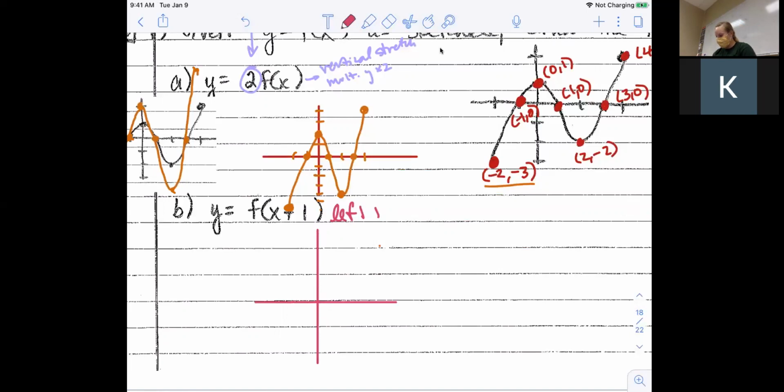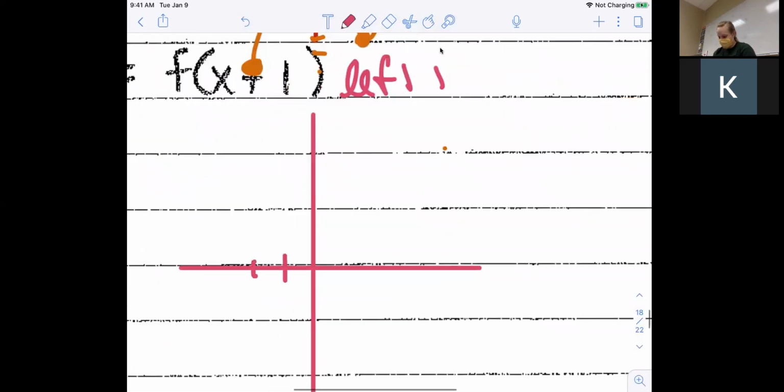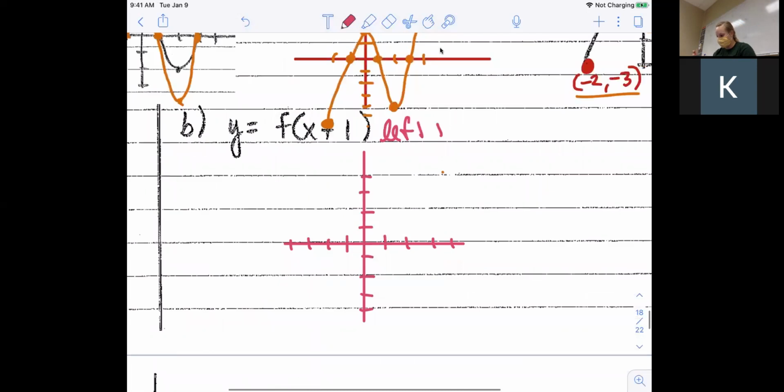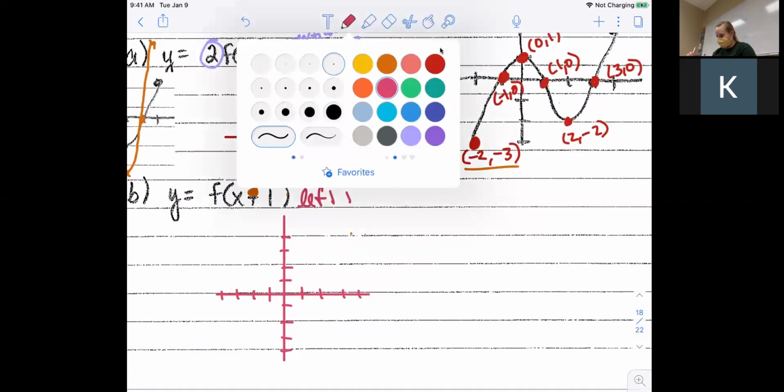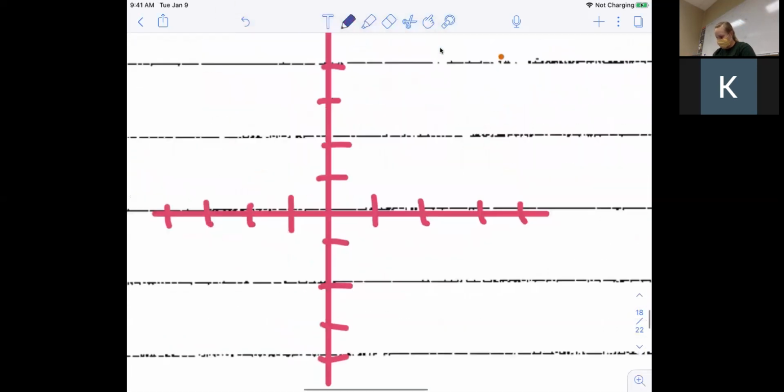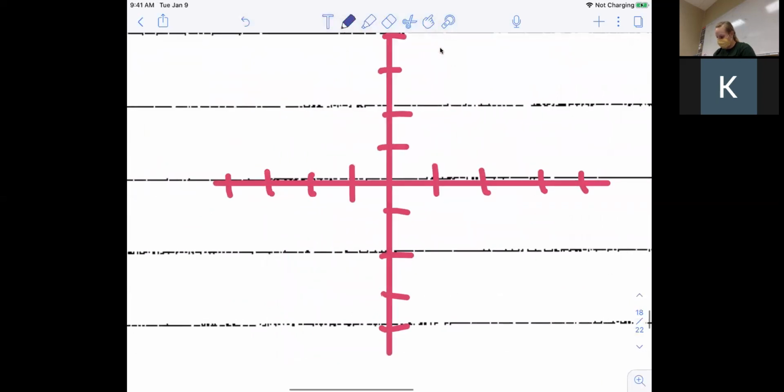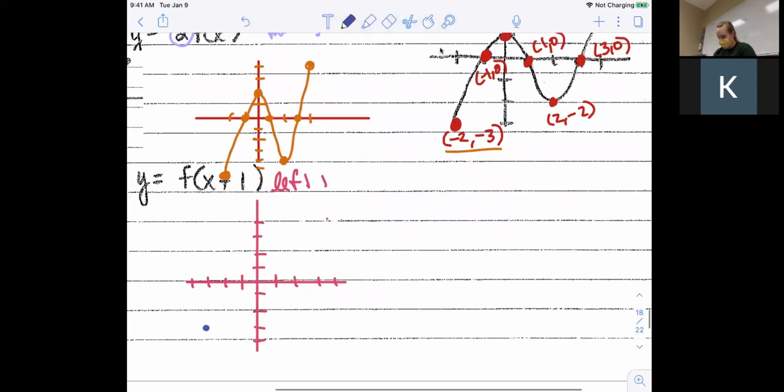So you can think about minusing 1 from all of your x's. You want me to talk as I'm doing it, or are you guys doing okay?